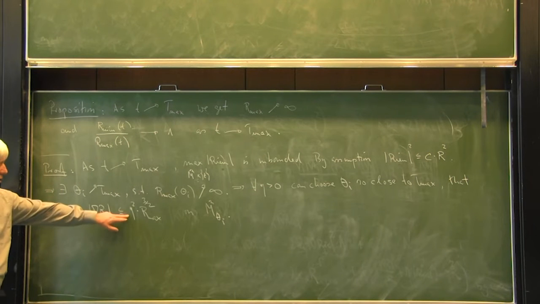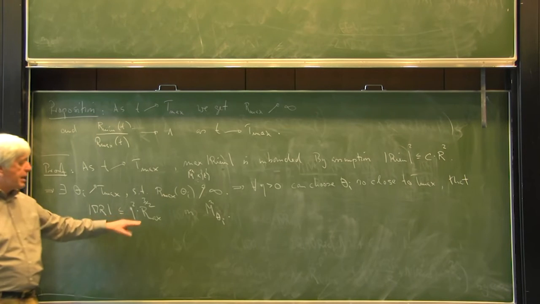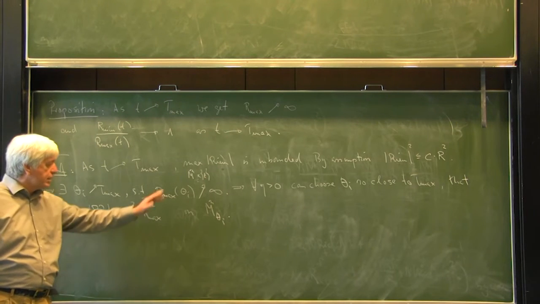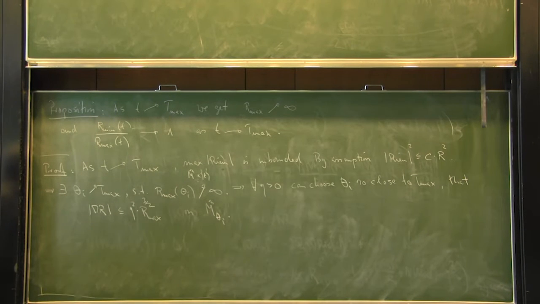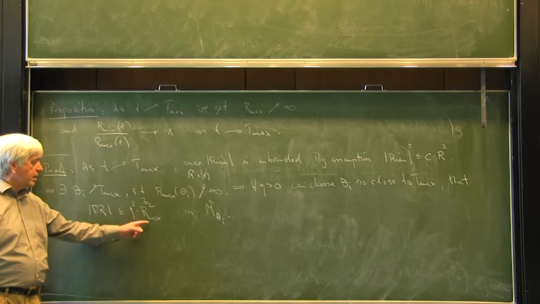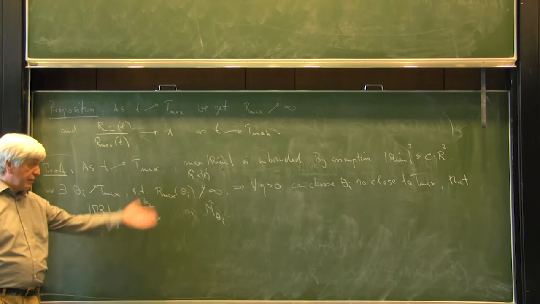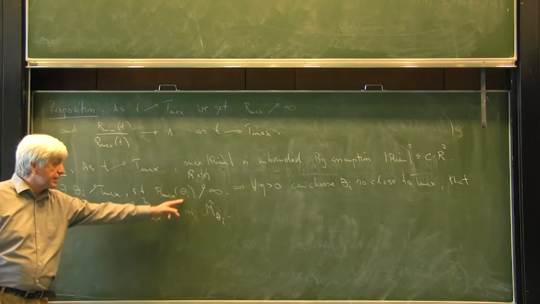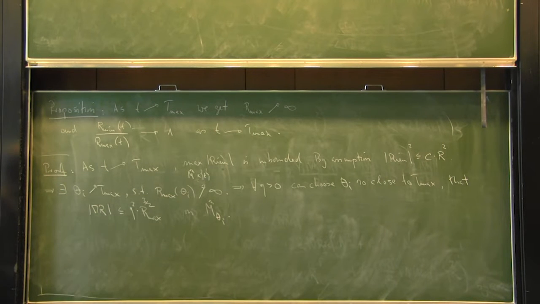Why? Because I could make it less than, say, 1/2 eta squared R max to the 3/2 plus C eta, but the C eta can be absorbed into this term times eta squared, since R max tends to infinity. So given eta, I can achieve this.